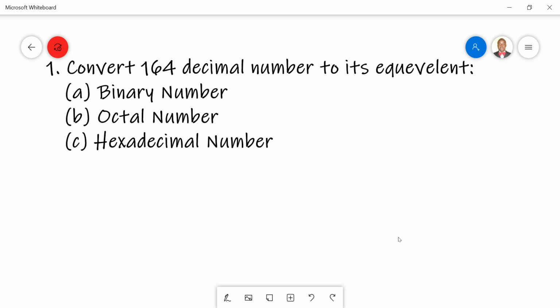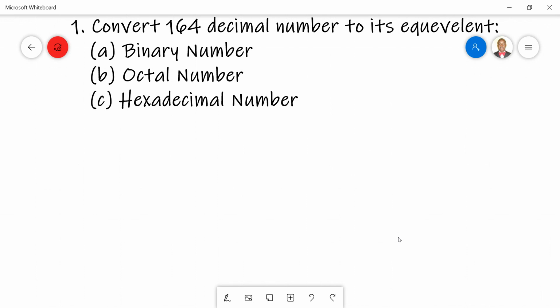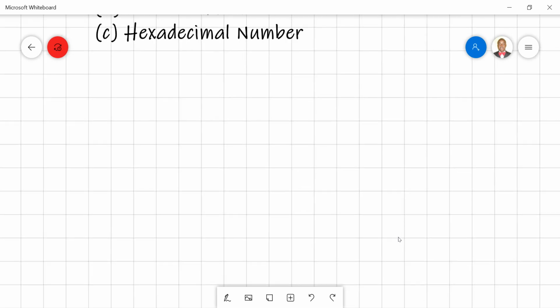Let's start answering from question 1A. Remember the question says convert 164 decimal number to its equivalent: A, binary number; B, octal number; and C, hexadecimal number. So let's work on each one by one.